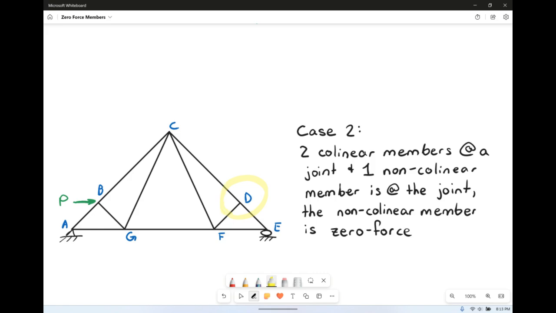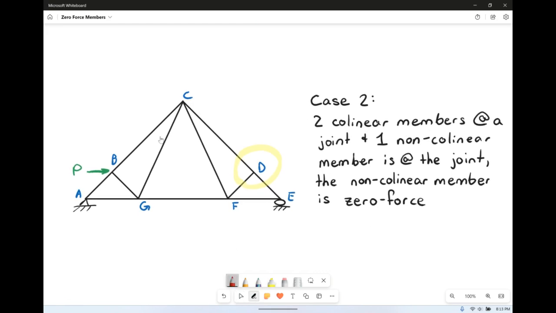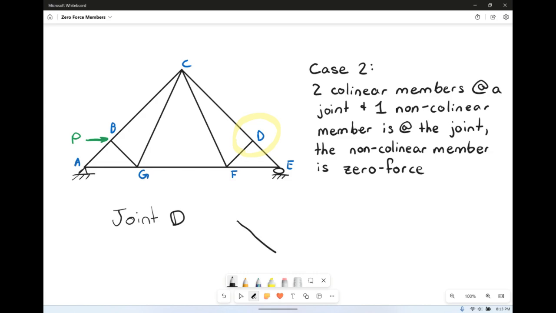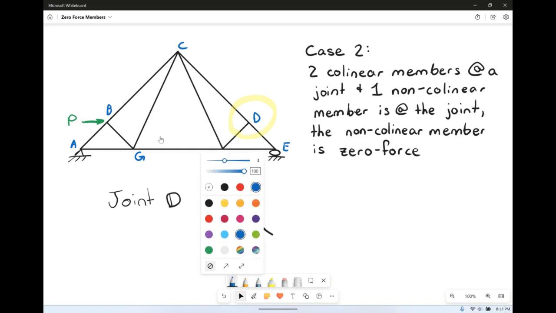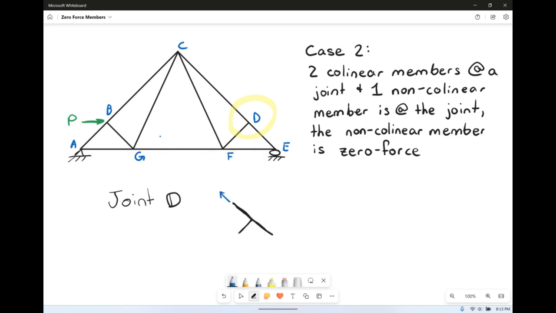If we look at joint D, joint D is an angled member and another angled member coming out. So we have force CD, we have force DE, and we have force DF.